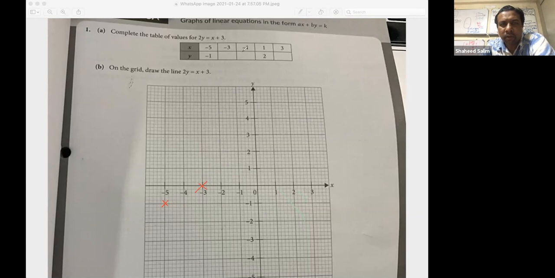Then, when X is -1, Y is how much? Someone can help me? Down here, right? Oh, this one is bad, so undo. That's why you got to be very careful.